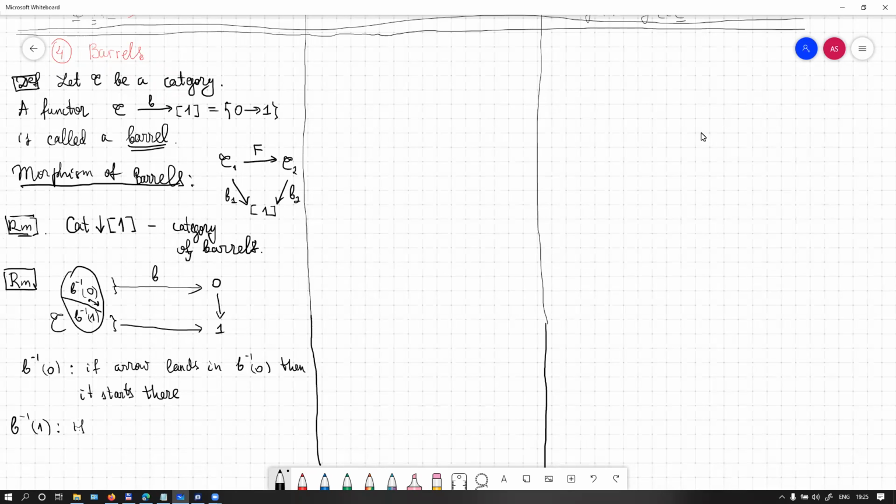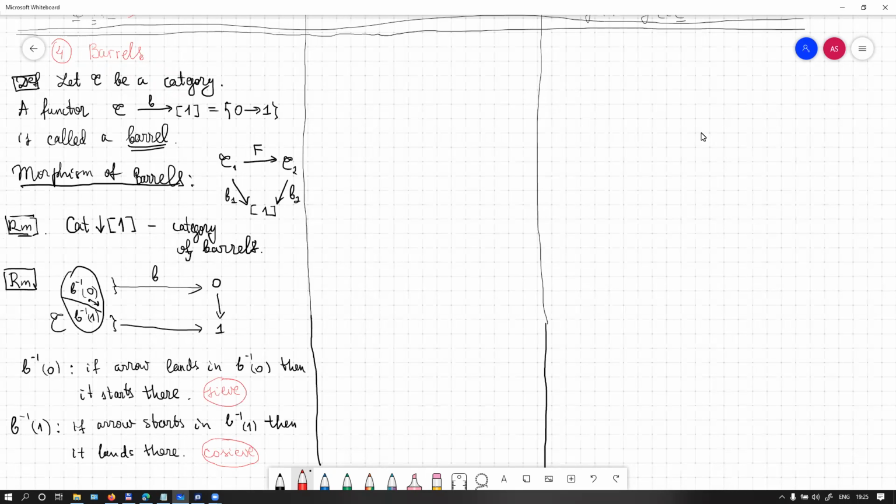So if an arrow starts in B minus 1 of 1, then it lands there. The first property is called sieve, and the second one is called co-sieve.